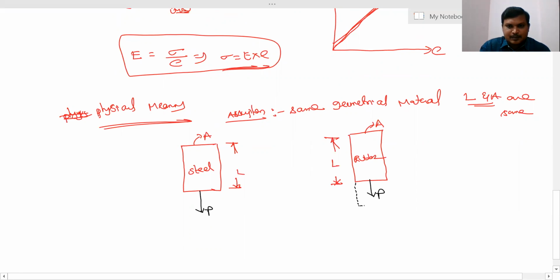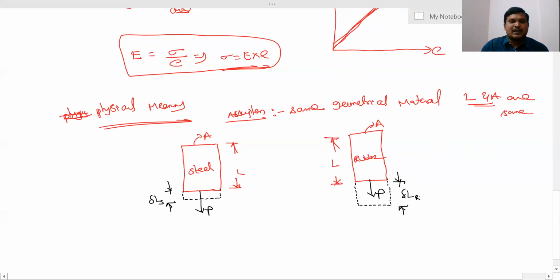Likewise, this is the deformation of rubber and this is the deformation of steel. This is the change in the length of steel, and this is the change in the length of rubber.